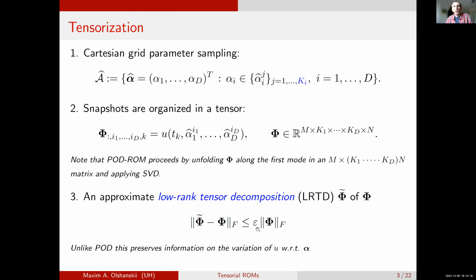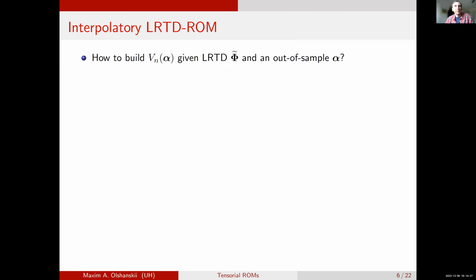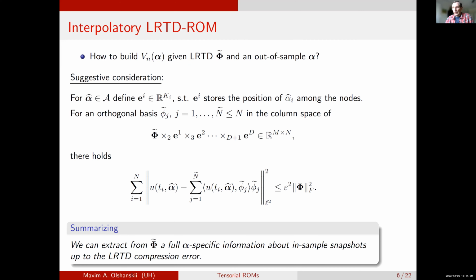And epsilon throughout this talk is how accurately we approximate the tensor in the low rank format. Then we can represent any state up to this epsilon. So summarizing, the information about the parameters for a particular state is still in our low rank tensor decomposition, and we can easily extract it. So we can benefit from this.